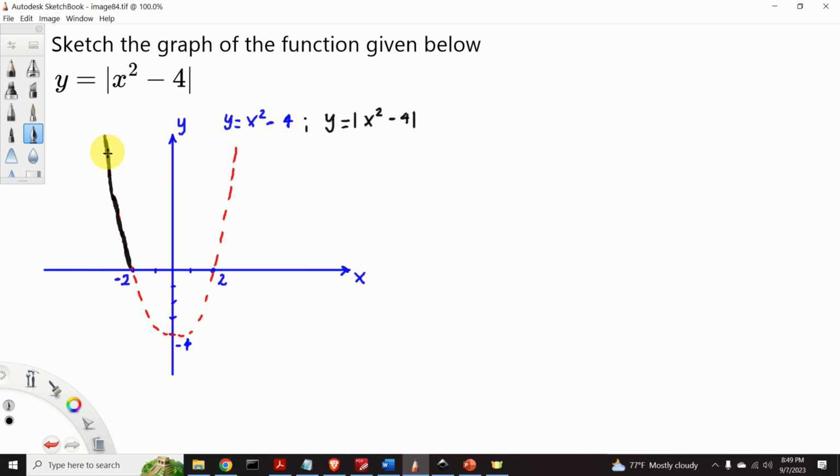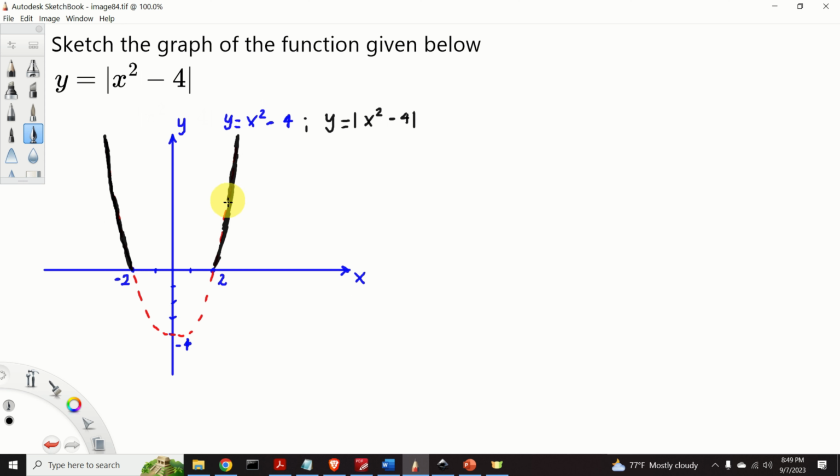That is, we need to use this branch. Similarly, over here, the function x squared minus 4 is positive, and consequently, this function will look like this for the values larger than 2.